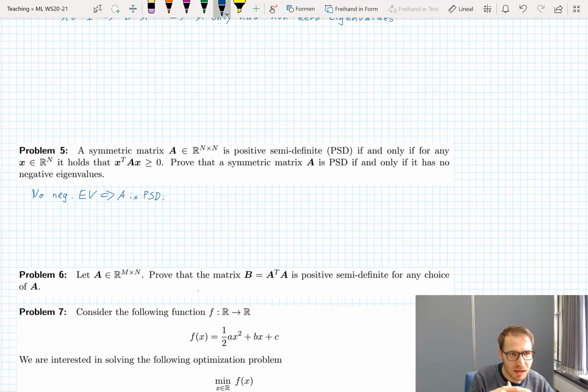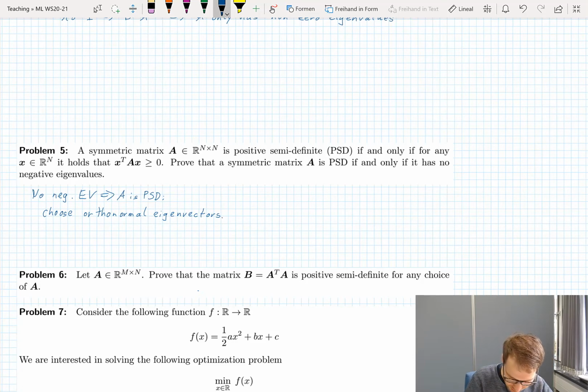Whenever we have a set of eigenvectors with non-negative eigenvalues, we choose the associated eigenvectors, and we can always make them orthonormal. What does orthonormal mean?